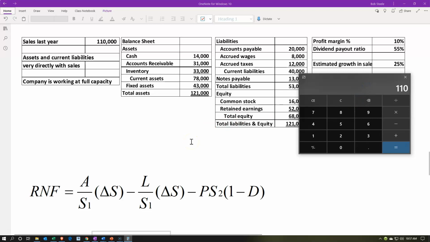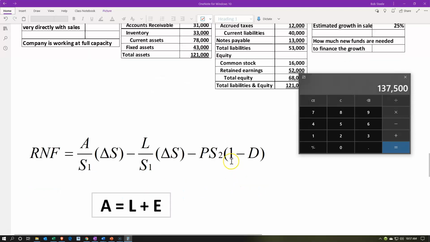So if we take that 110,000 times 0.25 plus 110,000, we get the 137.5. This is just like a tip type of formula. If you're figuring out a tip, you can take the 100% plus the 0.25 times the 110,000. That's going to give us the 137.5.